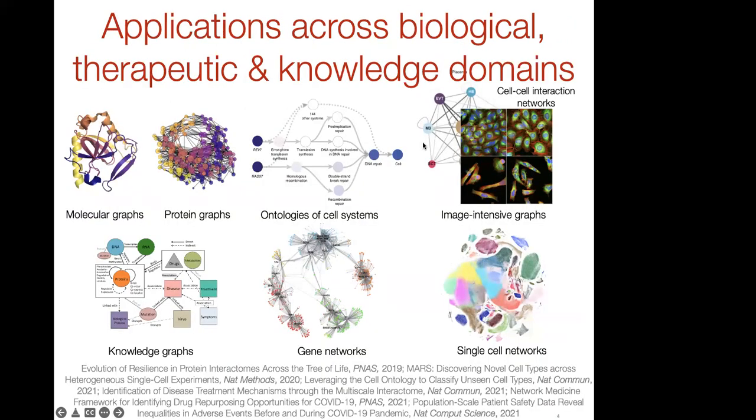Today I will highlight some of the work that we have done, in relationship to what has been done before, that touches areas from molecular graphs and modeling of protein interaction networks, to ontologies of cellular systems, to knowledge graphs, and also single-cell gene interaction networks.